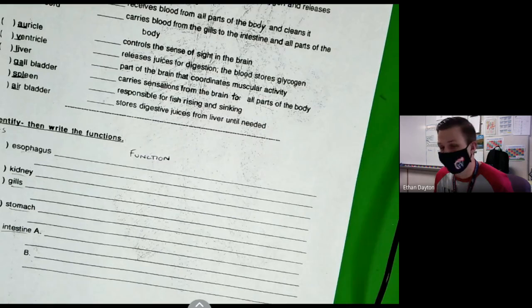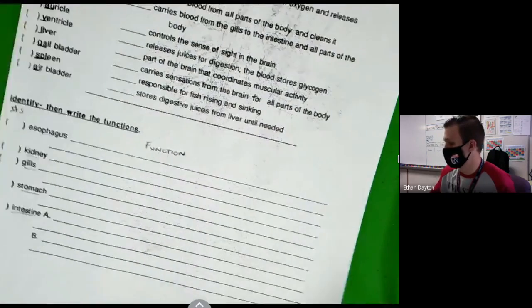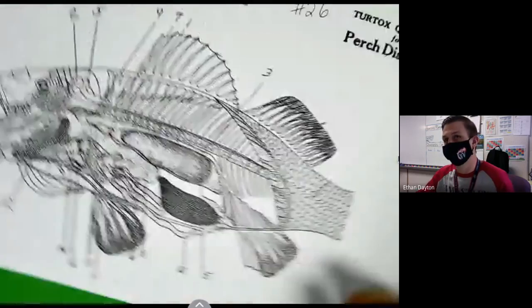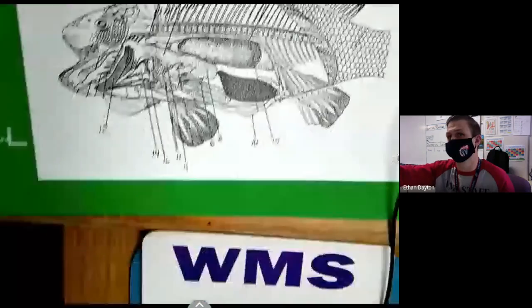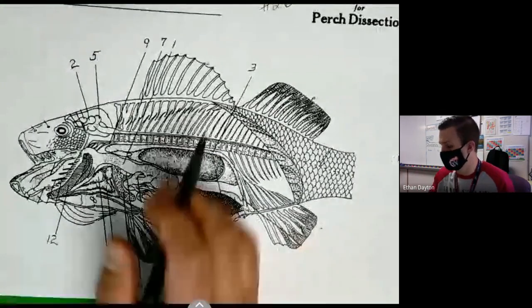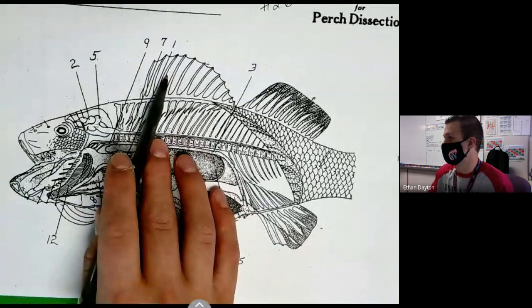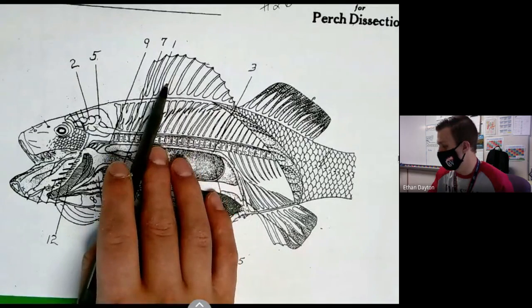Want us to put the name right underneath the number on the bottom where it has that fish? No, you shouldn't be writing there unless you're doing extra credit. You won't be writing on this side unless you want to do the extra credits that I gave you.